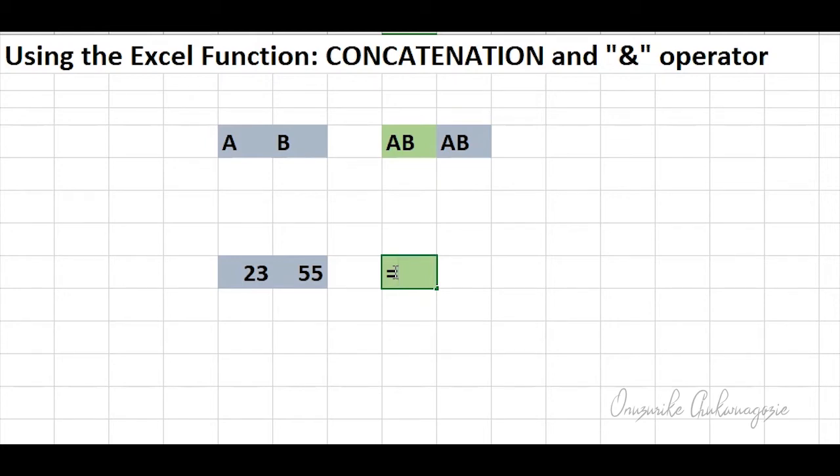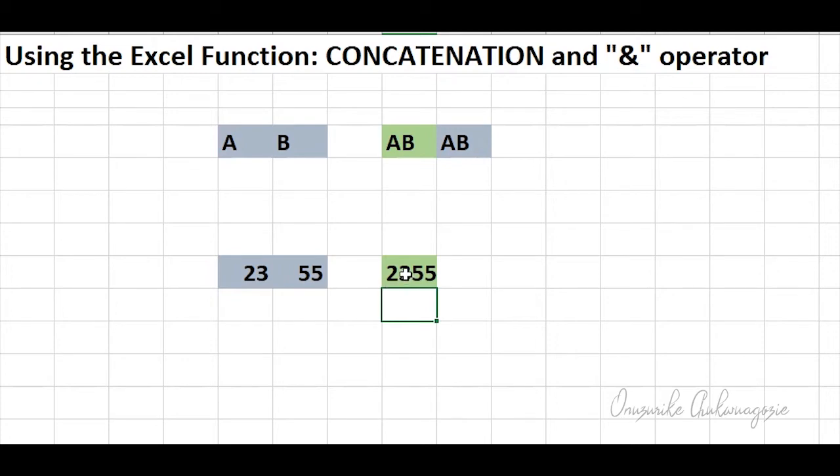So you have equal to, I select the cell, then select the next one, and it joins them together like that. Some people find it easier to use the AND operator compared to the concatenation operator. Okay, so whichever one suits you, you are good to go.